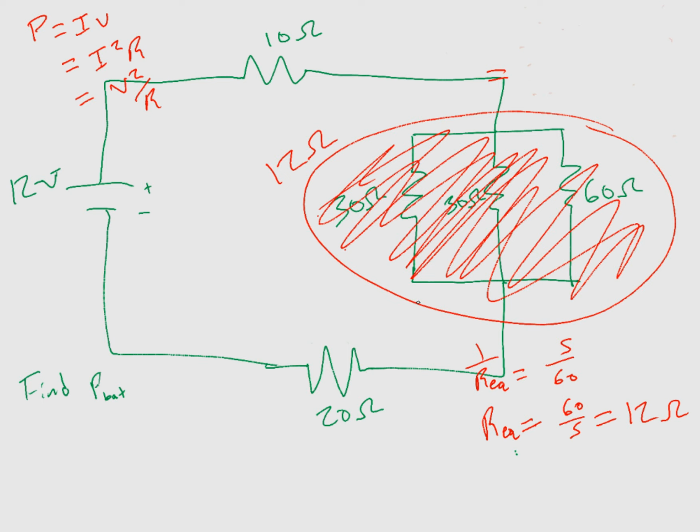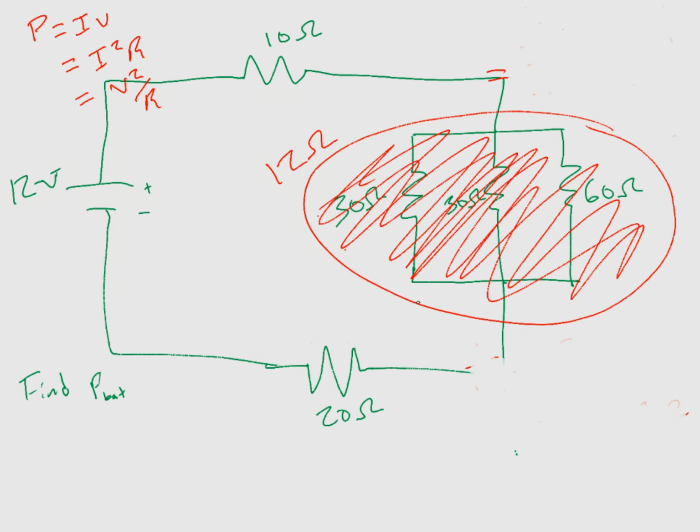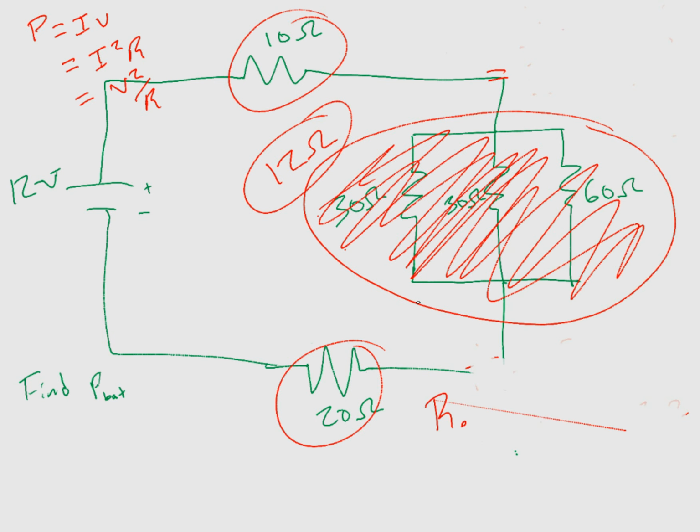What's the next step? Well, you might have noticed that there are other resistors in series with this one. And so we can treat this circuit now like it is a series circuit. You've got our 10 ohm resistor up here, a 12 ohm resistor here, and a 20 ohm resistor here, and they are all in series. So to find the total resistance, now for a series circuit, you just add up the resistances.